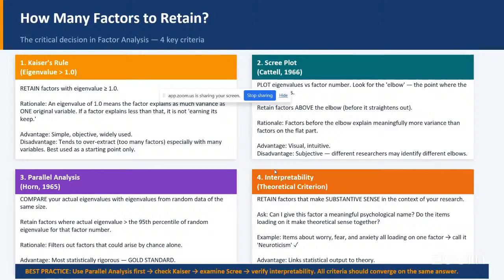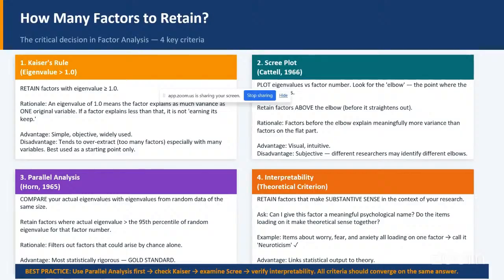Can we give a psychological name to it? Do the items loading on it make theoretical sense or not? I have given an example: items about worry, fear, anxiety all loading on one factor. It is called neuroticism.